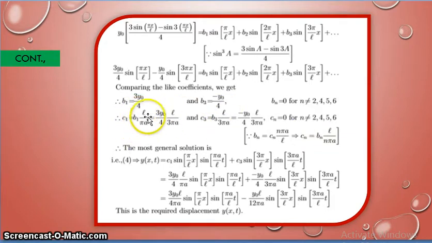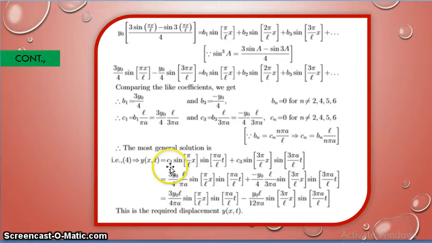Therefore c1 equal to b1 l pi by a, equal to 3 y naught by 4 l divided by 3 pi by a. So substitute this value from the given original equation number 4. Therefore y of x comma t equal to c1 sin(pi x by l) into sin(pi a t by l) plus c3 sin(3 pi x by l) sin(3 pi a t divided by l).